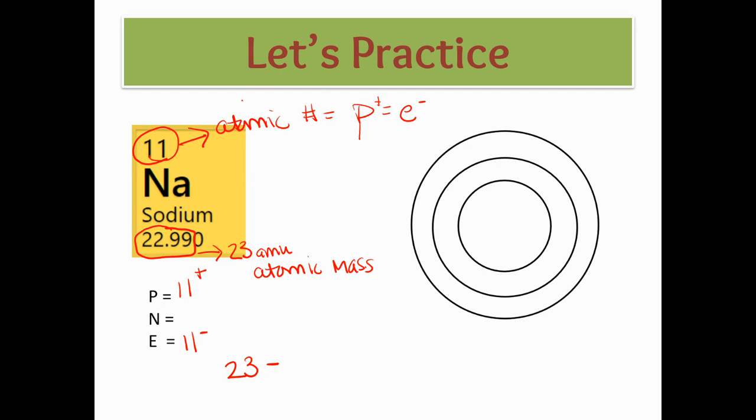And we're going to subtract 11 protons from 23, and that is going to leave us with 12 neutrons. So here we go, P equals 11, N equals 12, and our electrons equal 11.